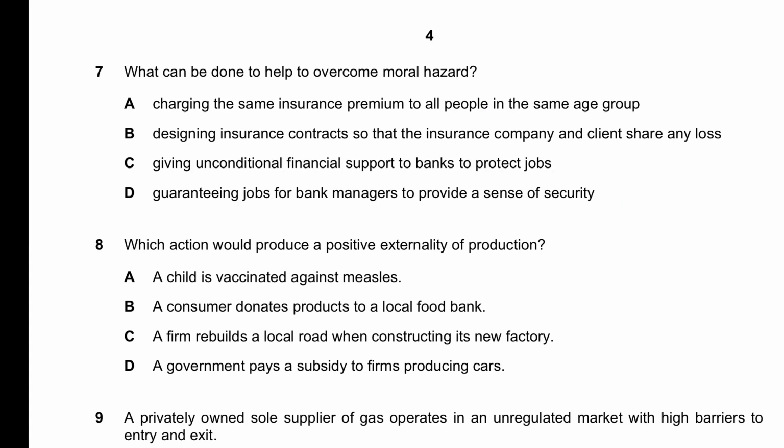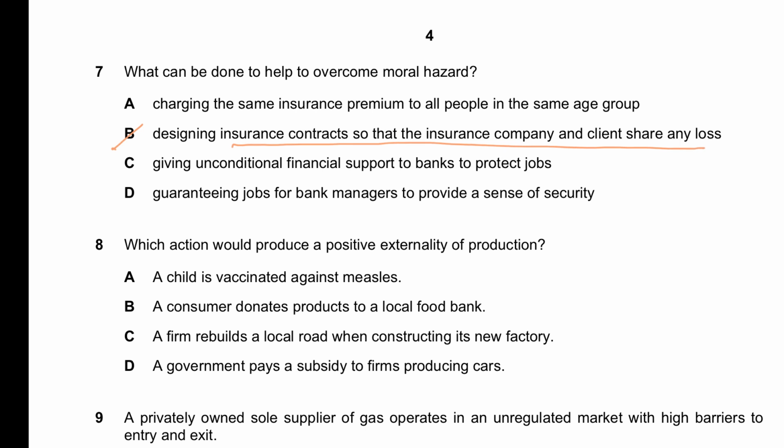Number 7 says, what can be done to help to overcome moral hazard? If you remember moral hazard from our lectures, moral hazard is simply the idea that when people take up insurance, they may end up taking more risk, or when somebody buys something like insurance, they can start becoming more reckless. So one way to solve the problem could be to design your insurance contract in a manner that the insurance company and clients share any loss.